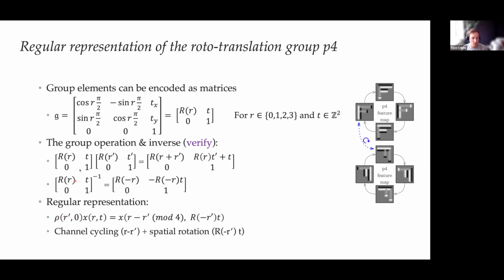Then you can use these two results for what it means to compose and invert group elements to derive that this transformed signal is given by the original signal indexed at r minus r prime mod 4. So that's how your cyclic shifting along the channels comes in, and how the spatial dimension is affected by this rotation. That's how the thing we saw on the very first slide emerges as a special case of a regular representation.